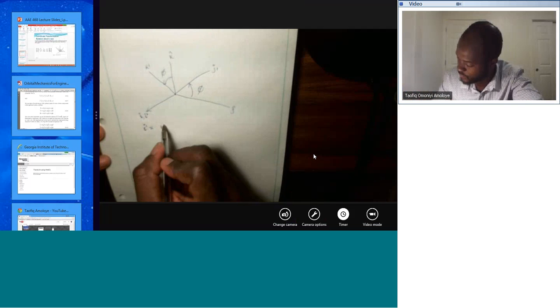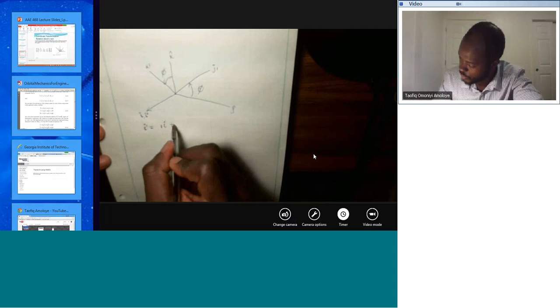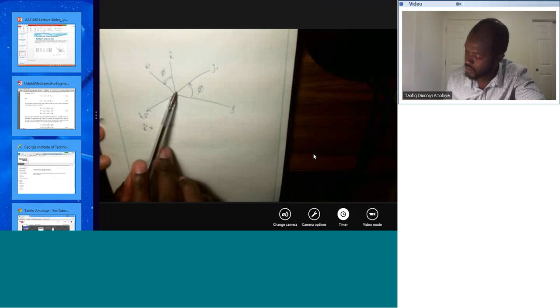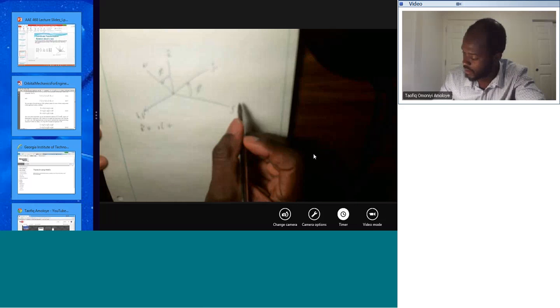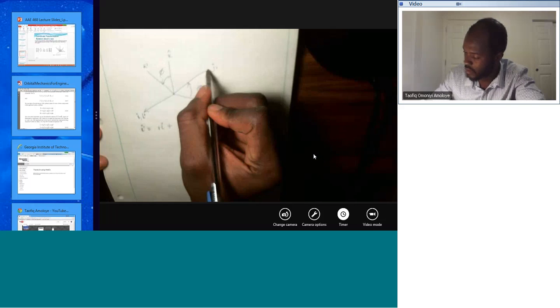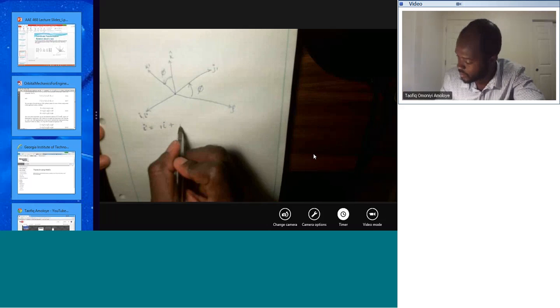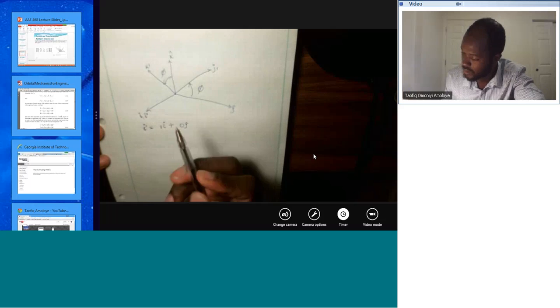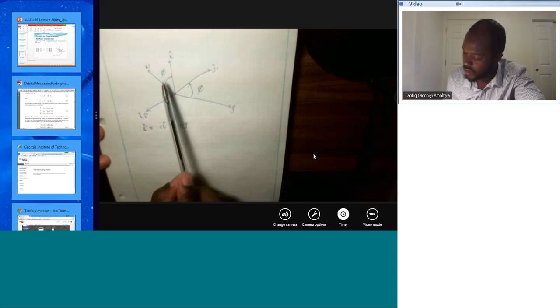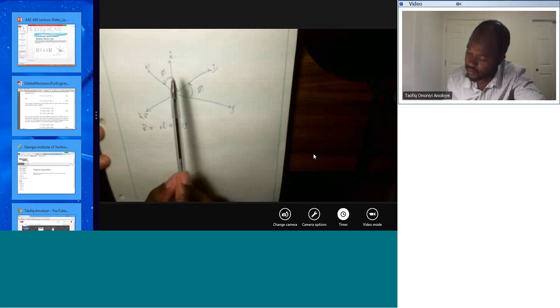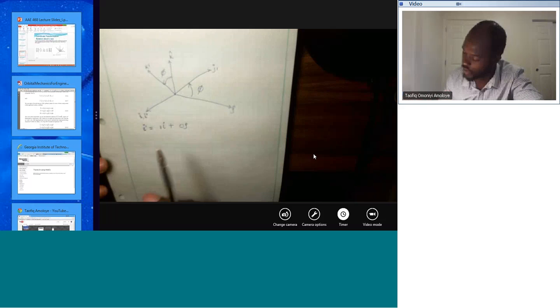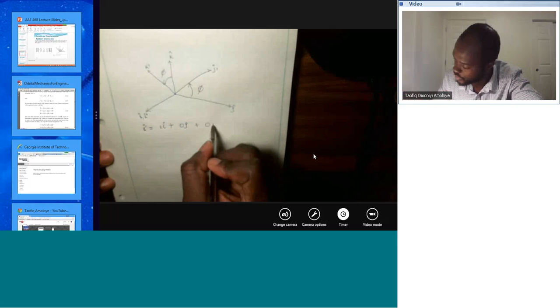So we have 1 i, plus it doesn't have any components on the j axis, that is the Y axis of the unprimed system, that is 0 j, and it doesn't have any components in the k axis, that is the Z axis of the unprimed system, so plus 0 k.